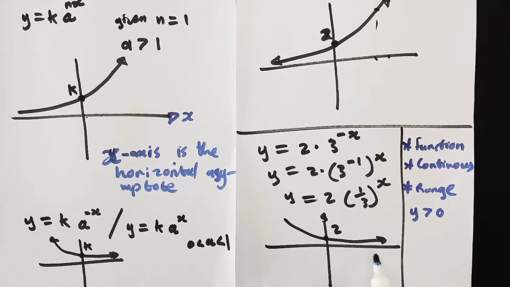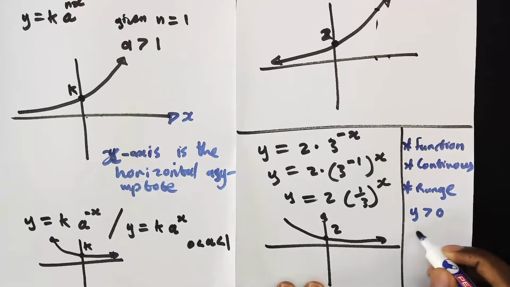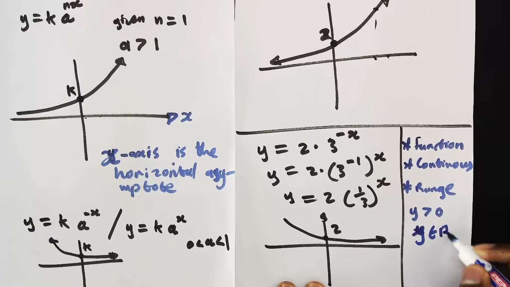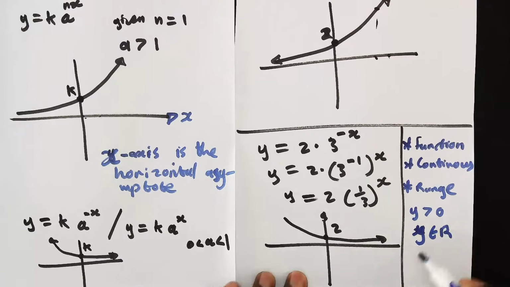The moment y is approaching 0, the values will decrease to infinity. So at 0, for y, it is not defined. So it goes to infinity. And from there we can specify that the y values must be y greater than 0, and the x values the set of all real numbers.